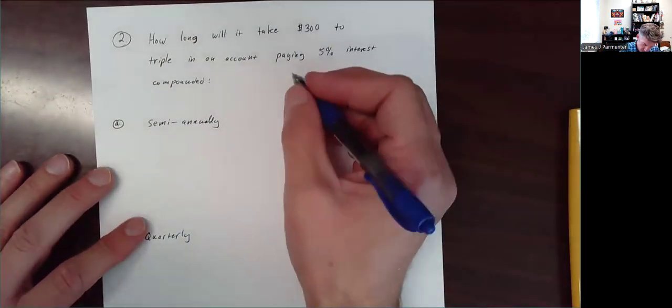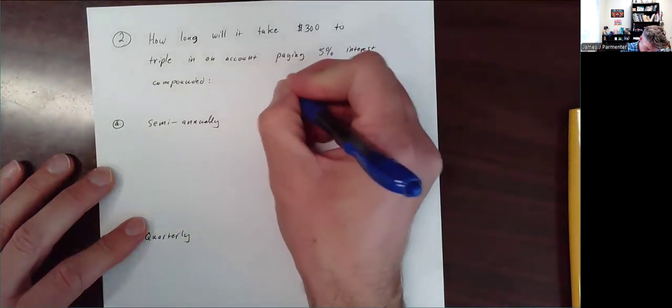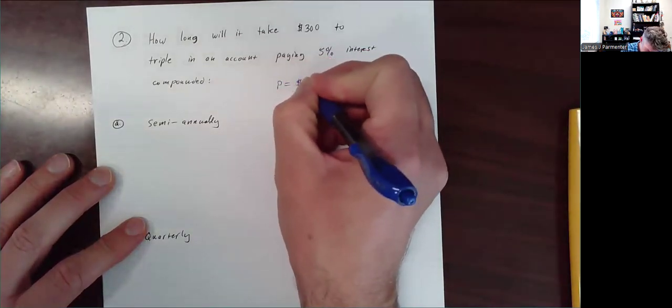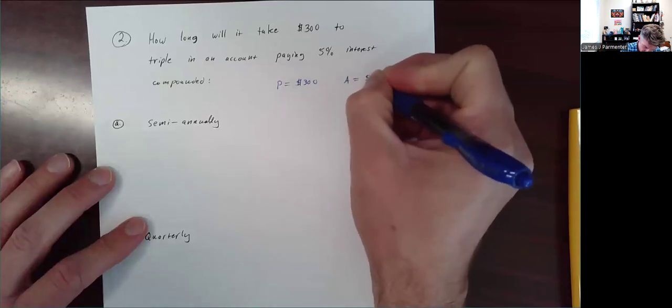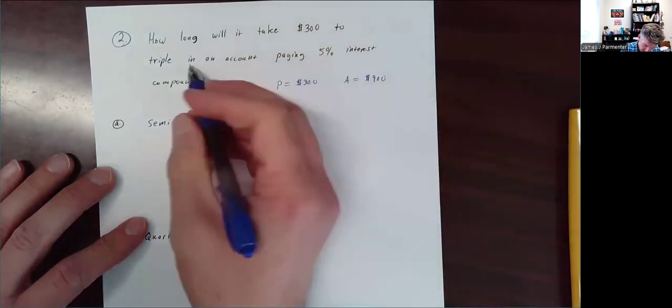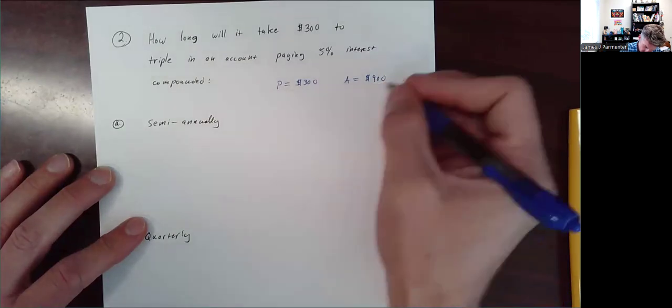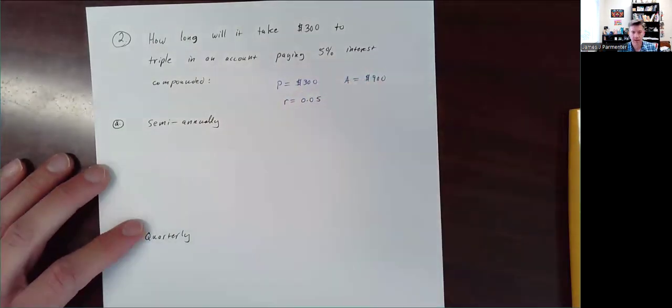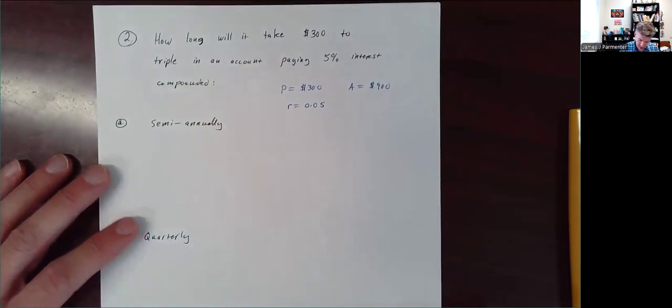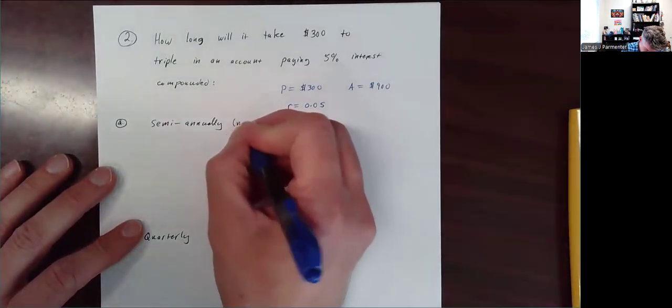In this problem, we know that our principal is $300. We want it to triple, so we want our amount to be $900. The account is paying 5% interest, so our R value is 0.05. So for compounding semi-annually, our N is equal to 2.